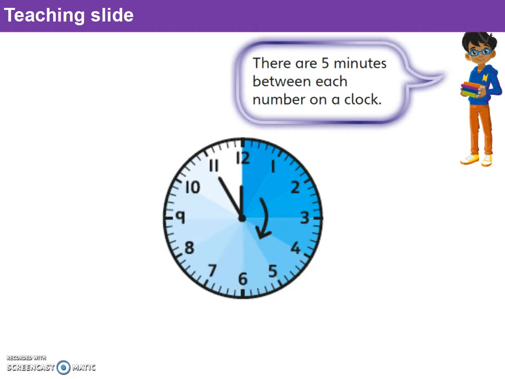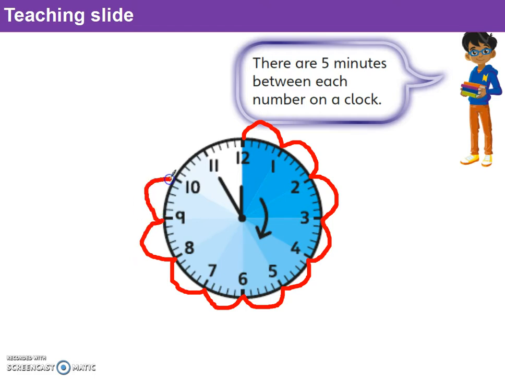So if we're looking at this, we can see that we have 5 minutes, 10 minutes, 15 minutes, 20 minutes, 25 minutes, 30 minutes, 35 minutes, 40 minutes, 45 minutes, 50 minutes, and finally 55 minutes. So it's been 55 minutes since that last train has gone.